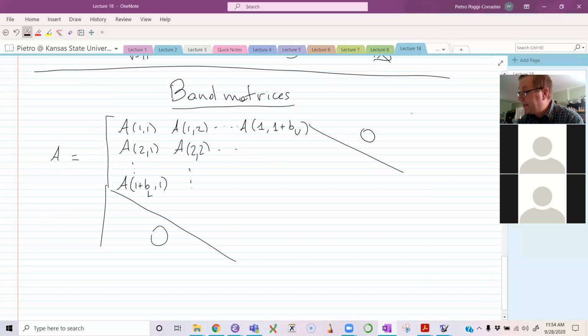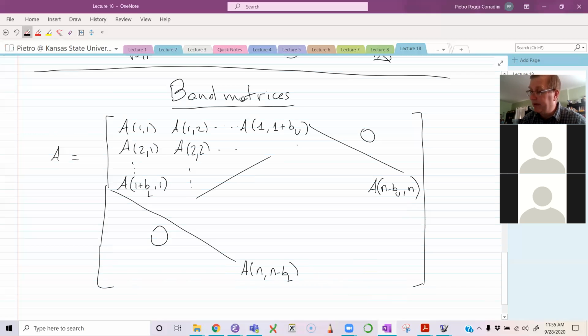And let's see, this number here is going to be n minus BU, and this number down here is going to be n minus BL. And 0.